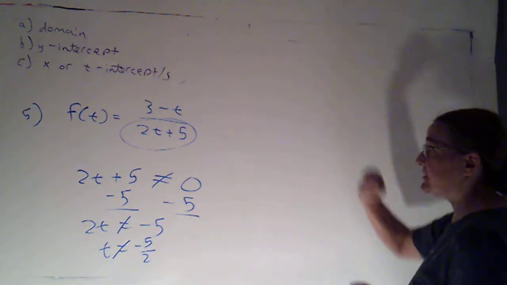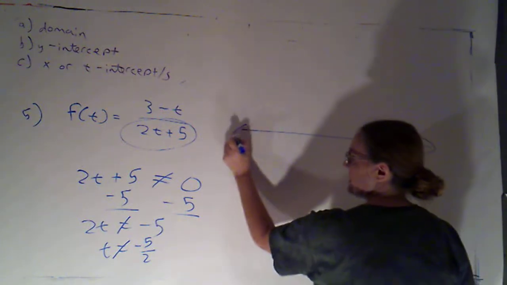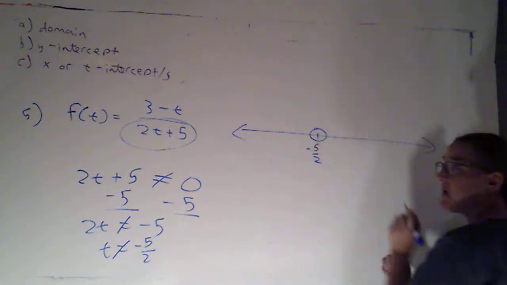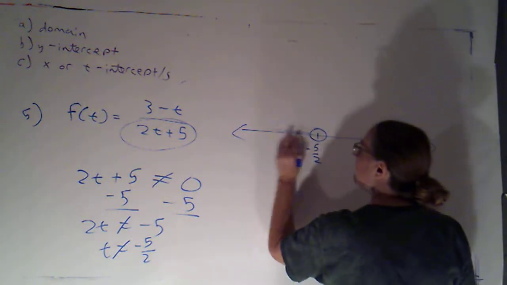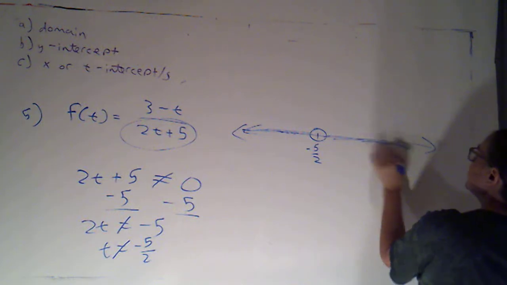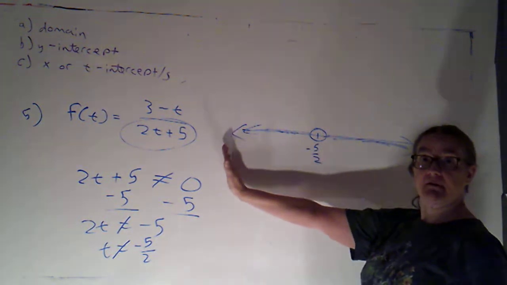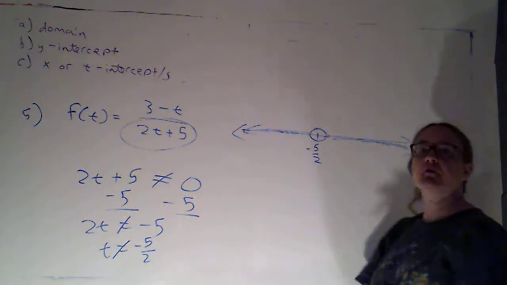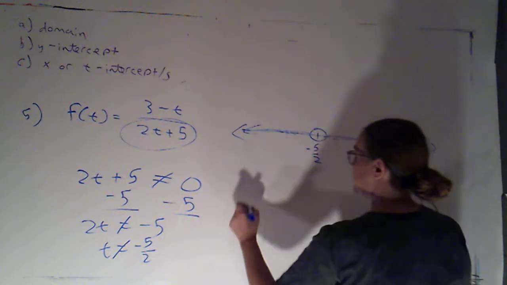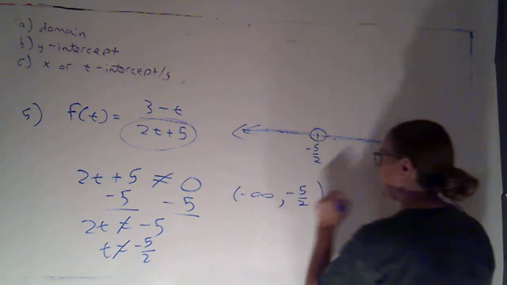Now the directions, although I didn't write them down, said to give things in interval notation. So if here's negative 5 halves, and that's not included, but everything else is, that basically means my domain is two intervals. Everything to the left of negative 5 halves and everything to the right of negative 5 halves. So in interval notation, this first interval would go from negative infinity to negative 5 halves.